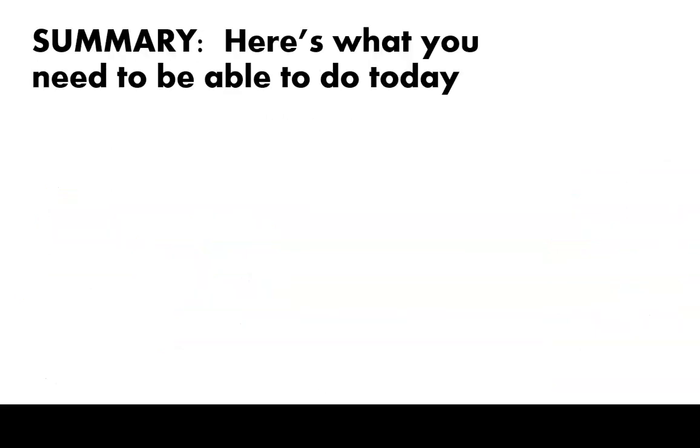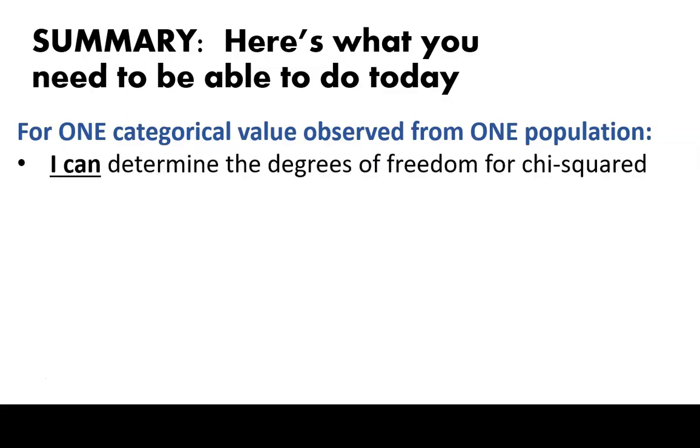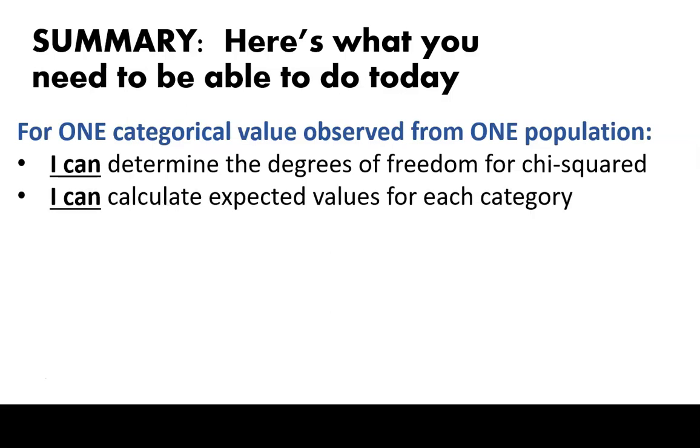So here's what you need to be able to do today. For one categorical variable from one population, you need to be able to determine the degrees of freedom for a chi-squared distribution. That means that's k minus 1, where k is the number of categories. You need to be able to calculate the expected values for each category. That's the n times p's based on those hypothesized proportions.